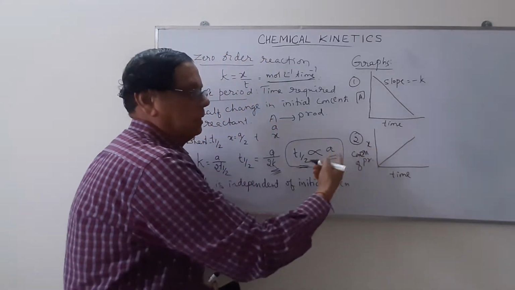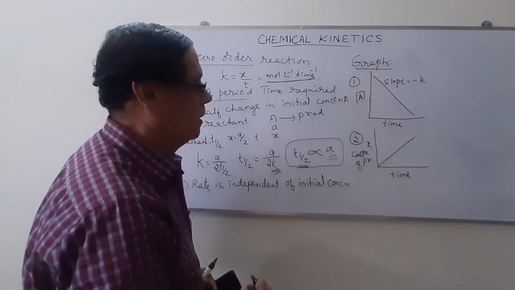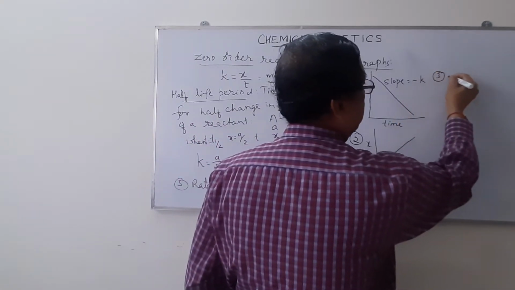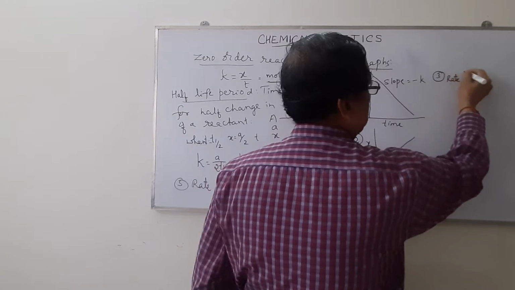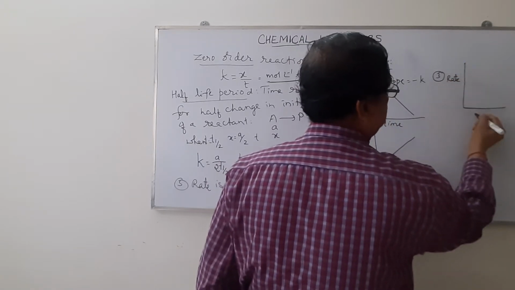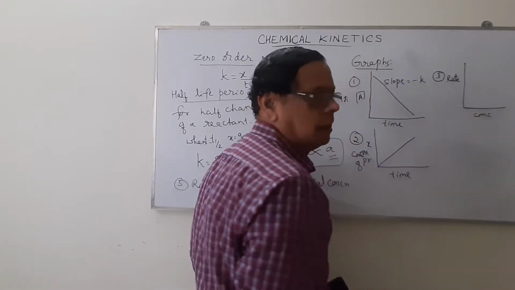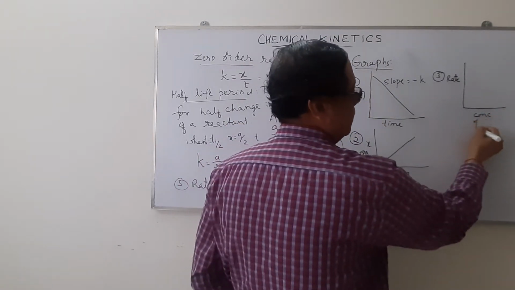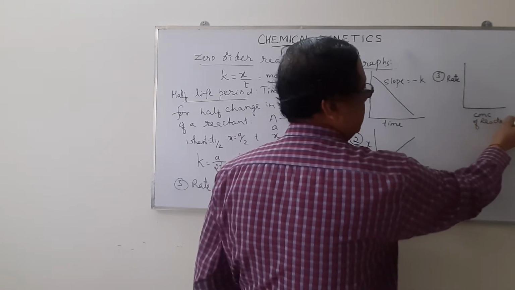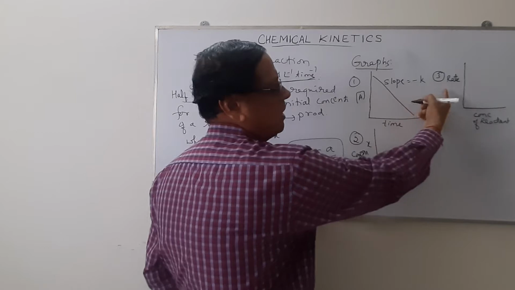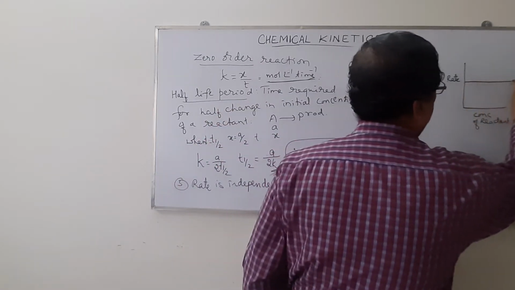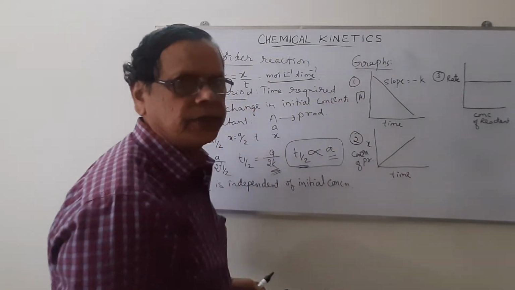The slope is nothing but K. Then let us draw the graph of rate of the reaction versus concentration of reactant. Whatever the concentration of the reactant, it is a zero order reaction, therefore the rate remains constant. That's why we have a line parallel to the concentration axis.